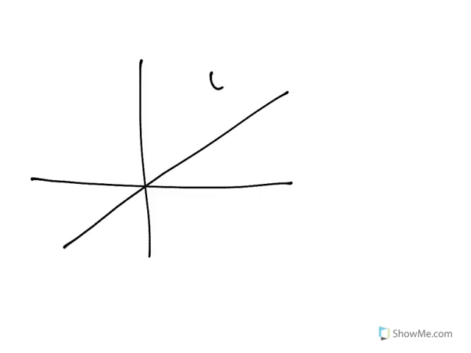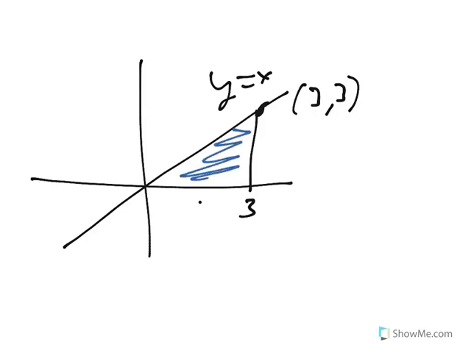I'm going to start with a question we already know the answer to. What if the curve itself was the line y equals x? And now this was 3, and that was 3, 3. Well, we don't need a fancy method for that. That actually is a triangle.